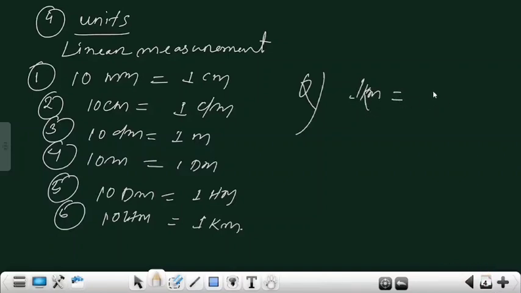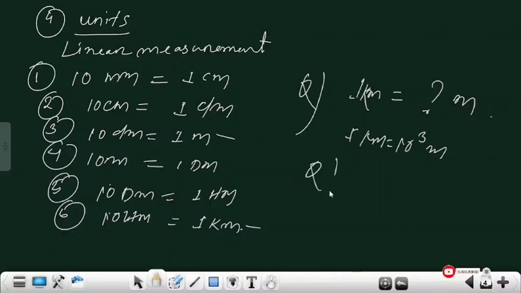Okay, so our question is: 1 kilometer is equal to how much meter. So we have to move from this, and how many tens are used? 10, 10, 10, so 10 to the power 3 meter in 1 kilometer. Next question: 1 meter is equal to how much centimeter.